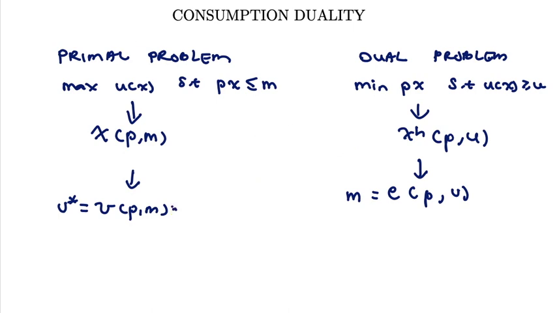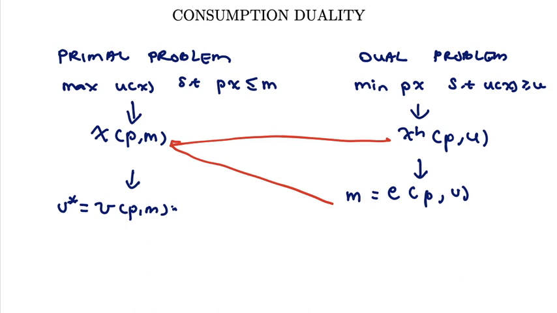On the other hand, let me use another color. If we substitute the expenditure function, this is the expenditure function, isn't it, in the Marshallian demand function, now what do we get? We get the Hicksian demand function.